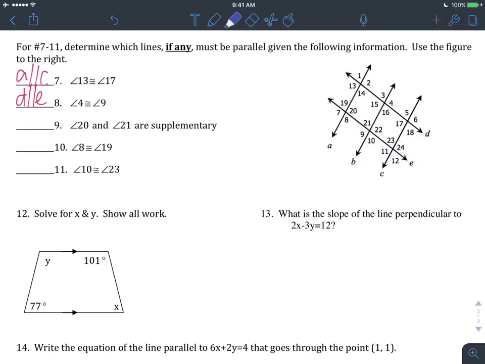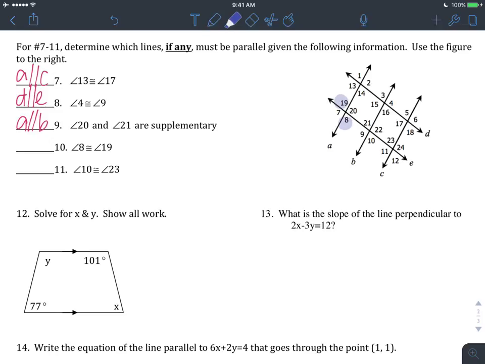Then we're going to have 20 and 21 are supplementary. So 20 and 21, they're going to be same side interior. This line and this line create angle 20. Then we have this line and this line for 21. So that means A would have to be parallel to B. Then 8 and 19.